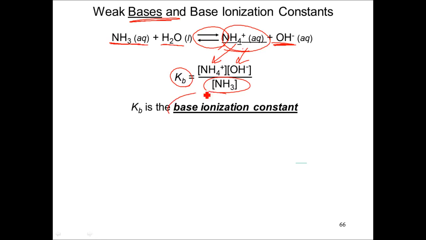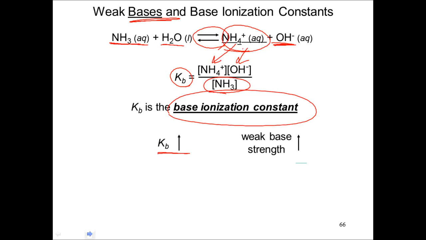Kb then is what we call the base ionization constant, and we've seen that in a couple of our tables already for what Kb values can be. And what we know is that if Kb goes up, that means that you have a stronger base. As Kb gets greater, that indicates greater dissociation.